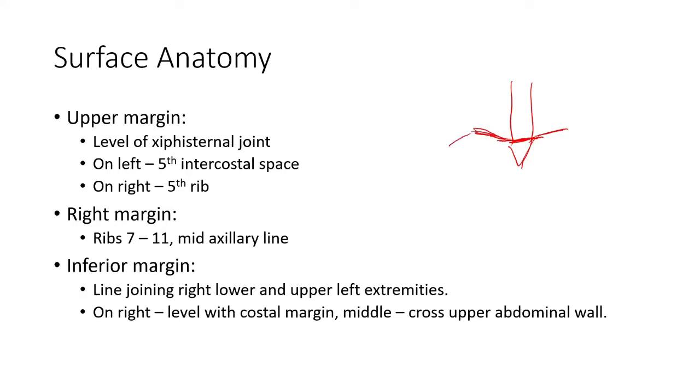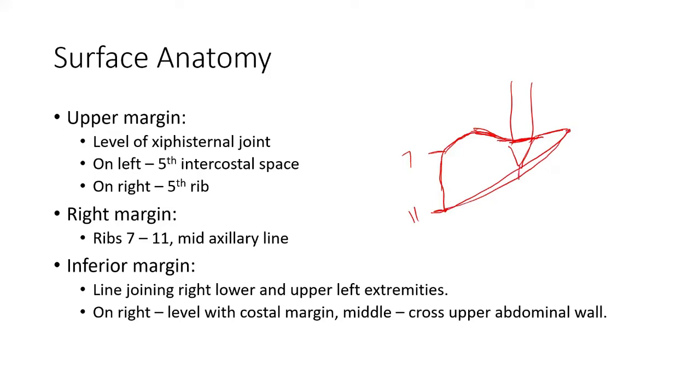It curves around like this. When you come to the right margin, it extends from the 7th to 11th ribs along the mid-axillary line. The line extends from the middle of the axillary region. When you take the inferior margin, it extends from this point, the right lower end, to the left upper end.